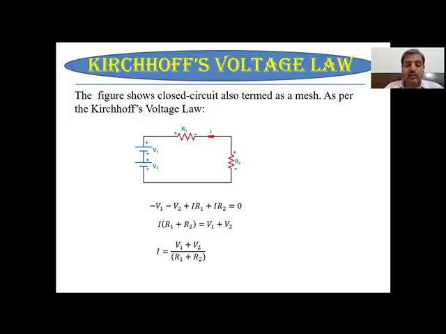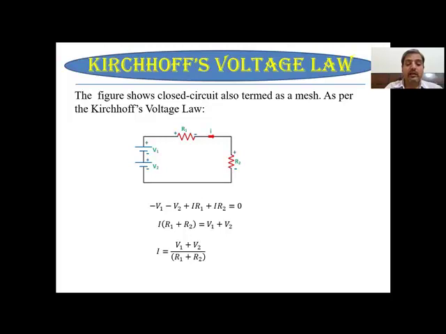First we have to see the orientation of the batteries, whether both are connected in a serial manner or in opposite manner. If the positive terminal of the first battery is connected to the negative terminal of the second battery, then both batteries are connected in a serial manner. In that case, both battery voltage values will be added.